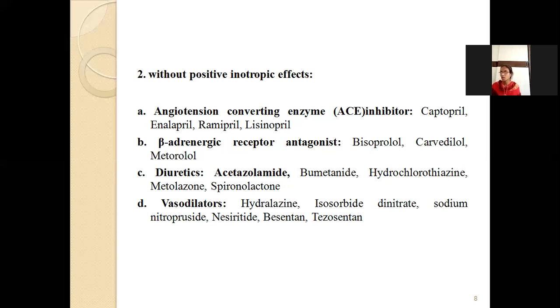So these are the drugs which come under without positive inotropic effect: angiotensin converting enzyme inhibitors, beta adrenergic receptor antagonists, diuretics and vasodilators. This is the classification of drugs used in congestive heart failure.